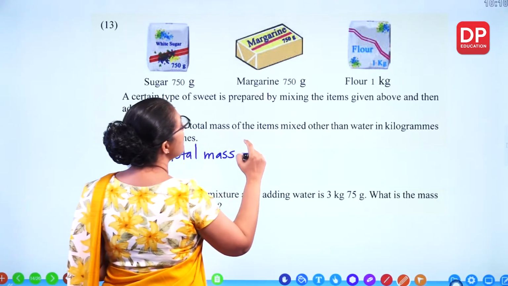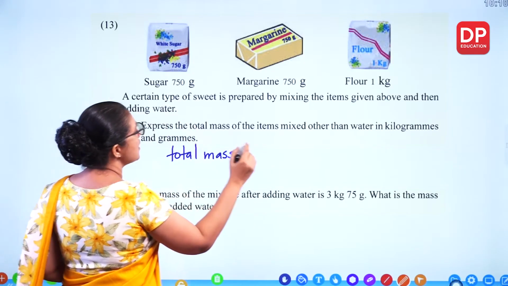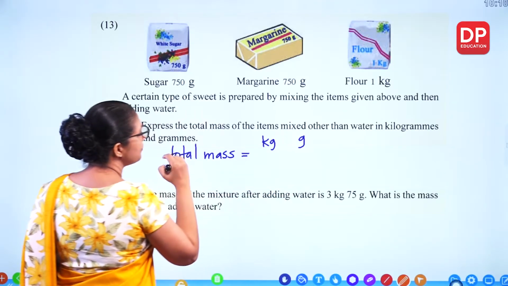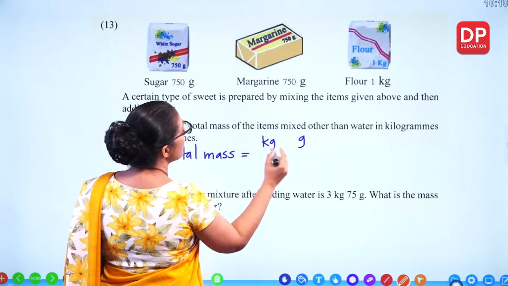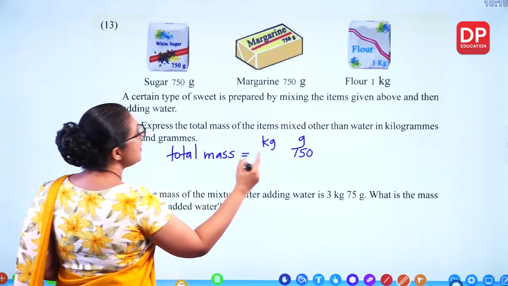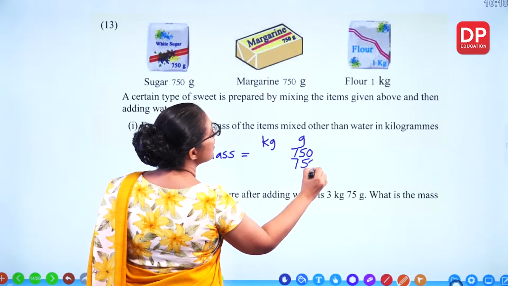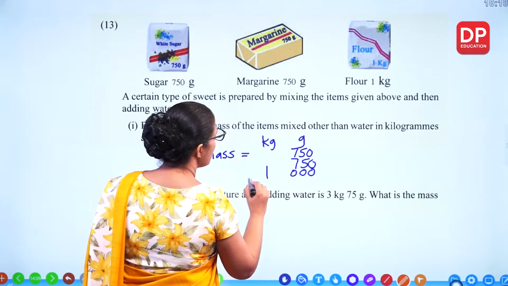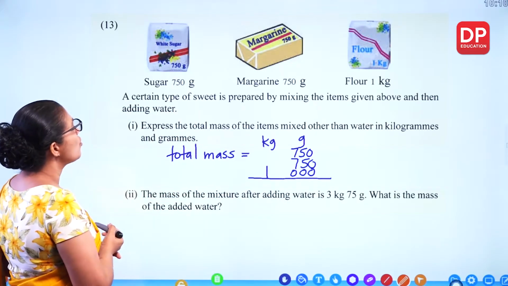Sugar 750. So I'll put kilos and grams. Margarine 750. Flour 1 kilo. I'll put zeros for this. So you need the total mass.